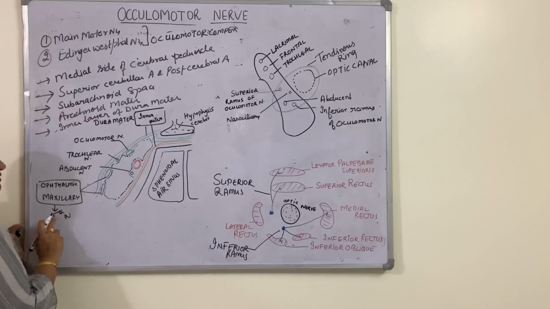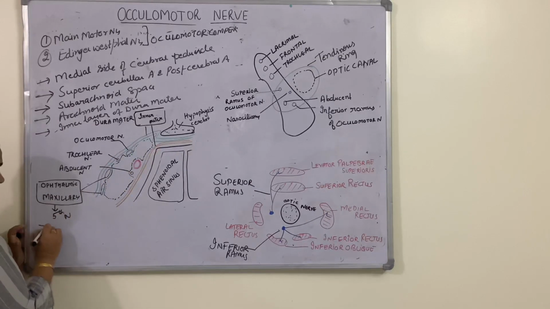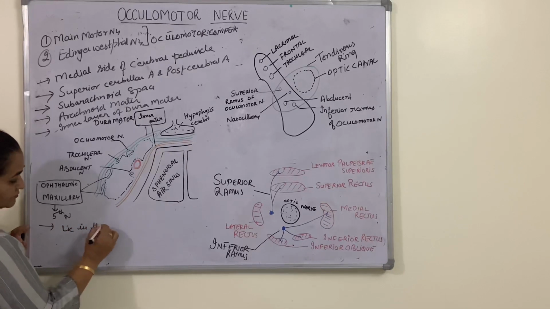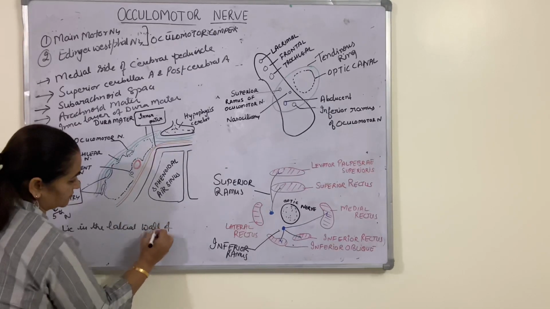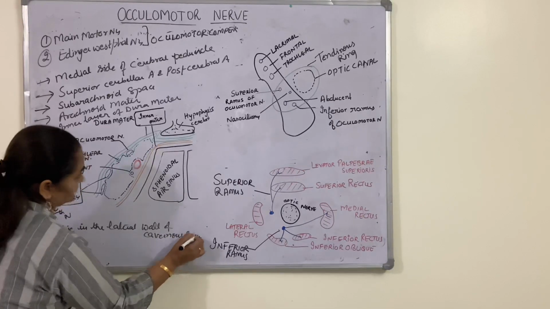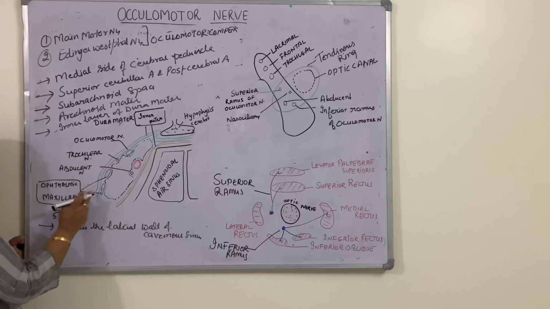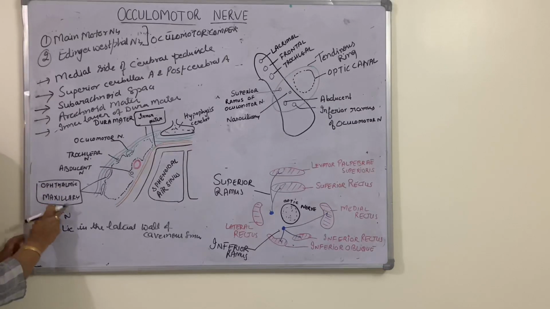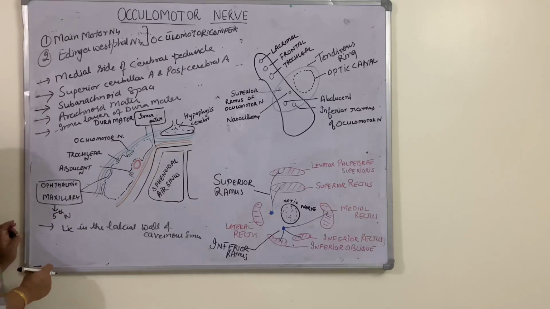After piercing the inner layer of dura mater, it comes to lie in the lateral wall of the cavernous sinus. Along with this nerve, the other nerves lying in the lateral wall are the trochlear nerve and abducent nerve, and the ophthalmic and maxillary divisions of the fifth nerve. So they run in the lateral wall of the cavernous sinus.